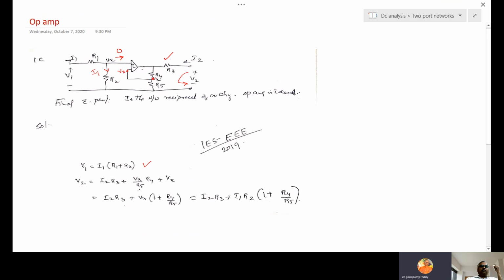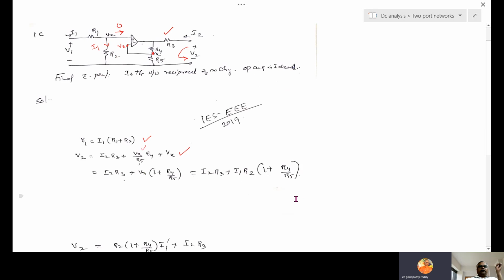Vx into R4 by R5. R4 by R5 is the voltage across R4. Voltage across R5 is how much? Vx. Now I2 R3, Vx common, then is equal to I2 R3. Then what is the value of Vx? I1 into R2.